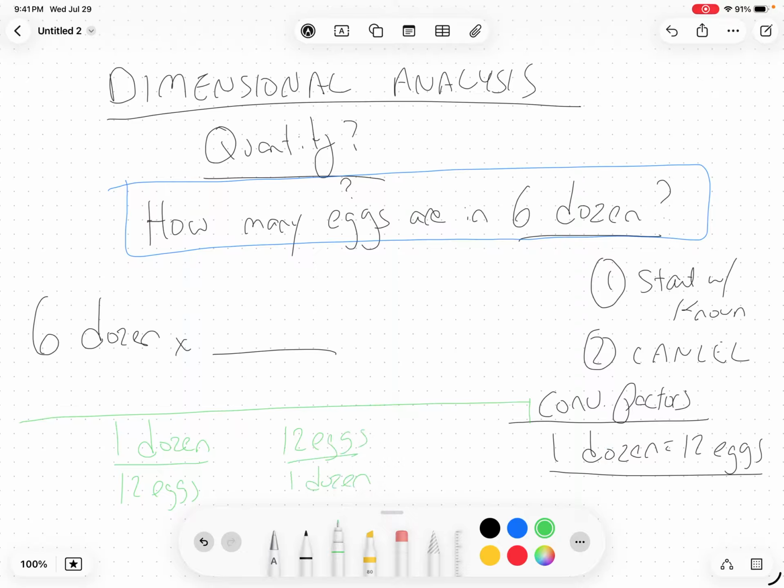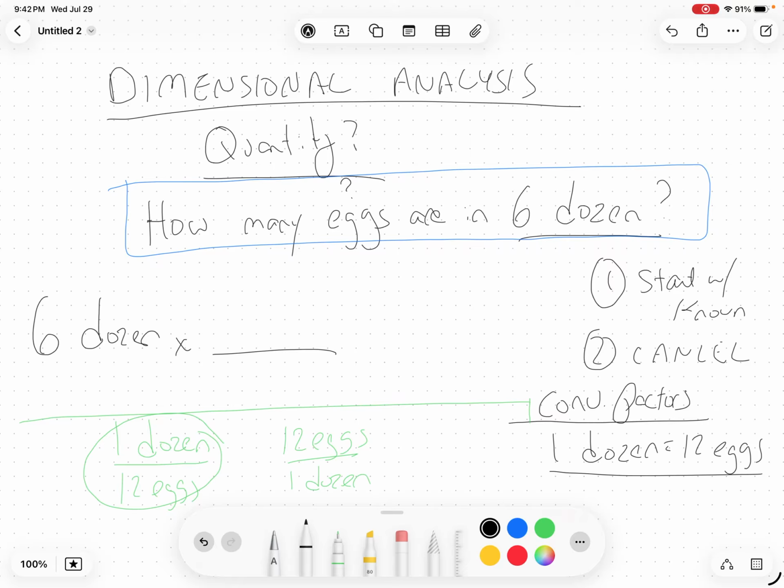And what you're going to do is multiply that fraction times your known in an effort to cancel out the known so that you wind up with the figure, with the unit that you're looking for.